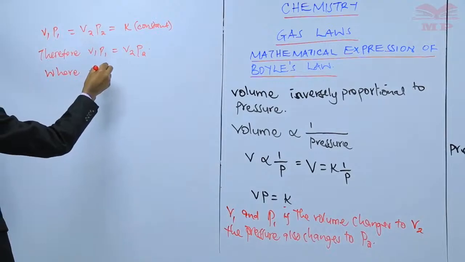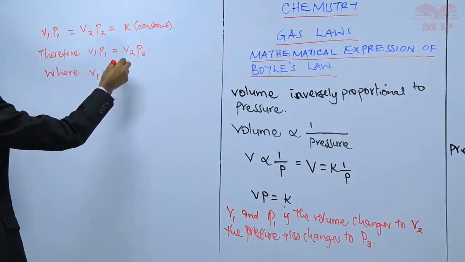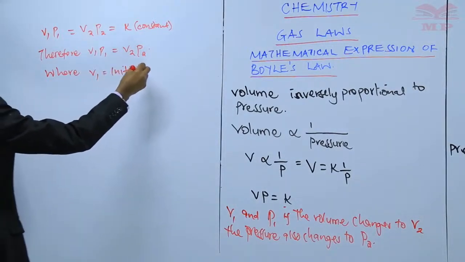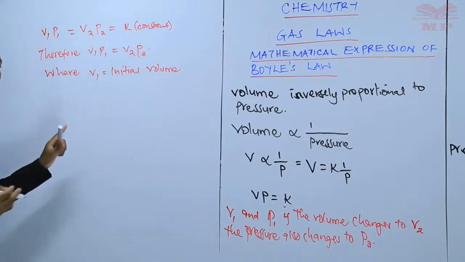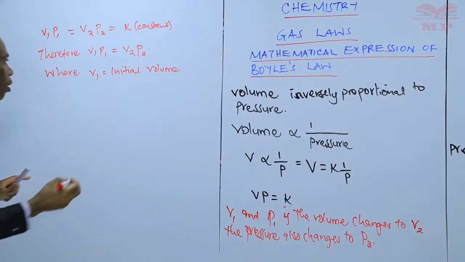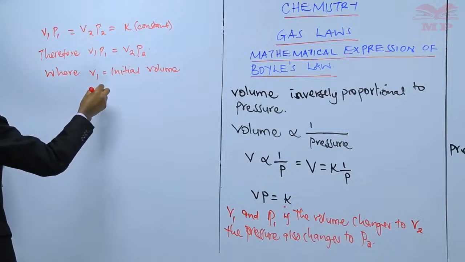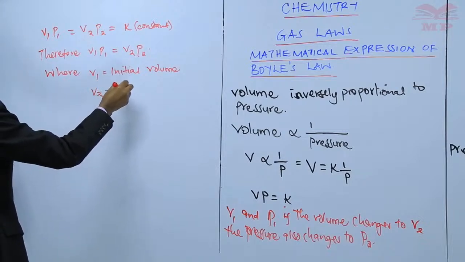V1 is the initial volume just before the change. V2 is the final volume.